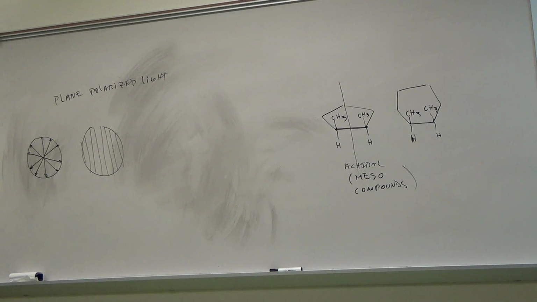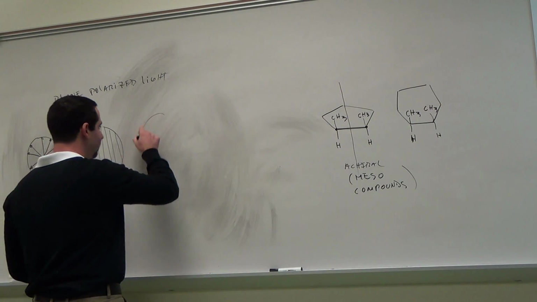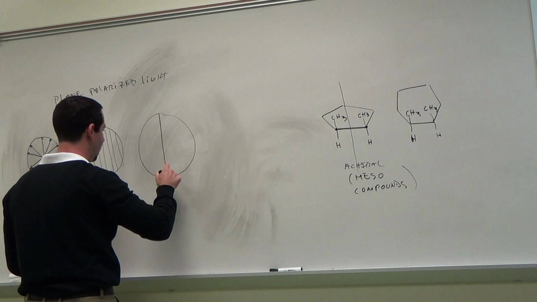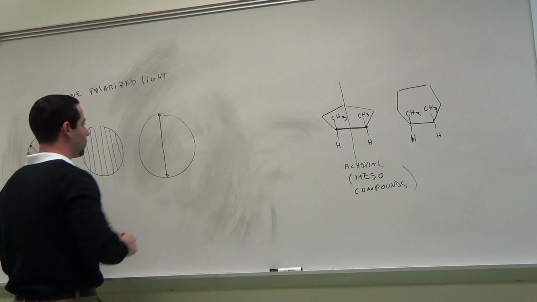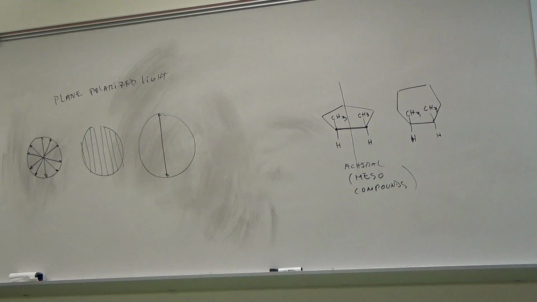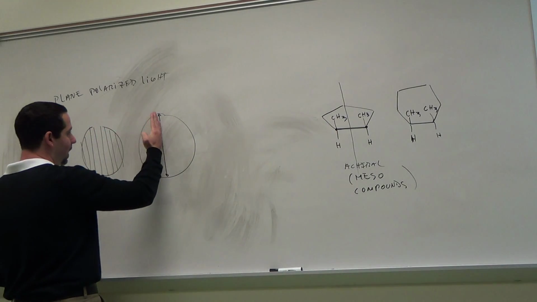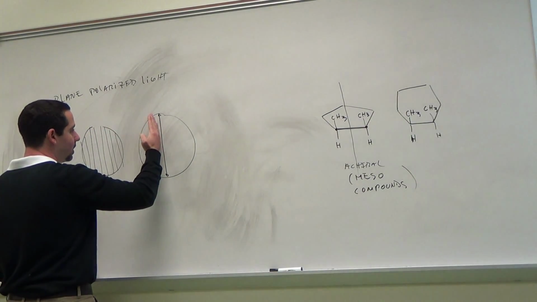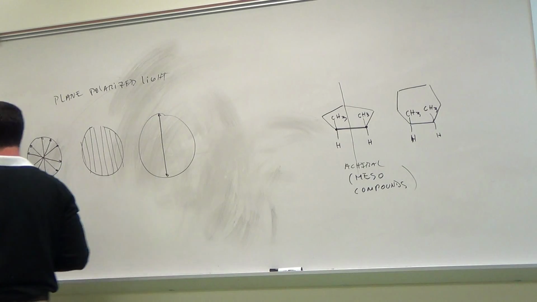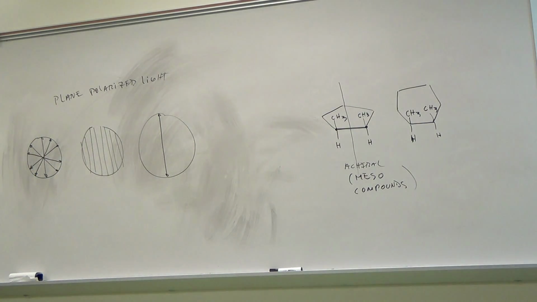So on the other side, you are going to have something called plane polarized light. Only one plane has that light.